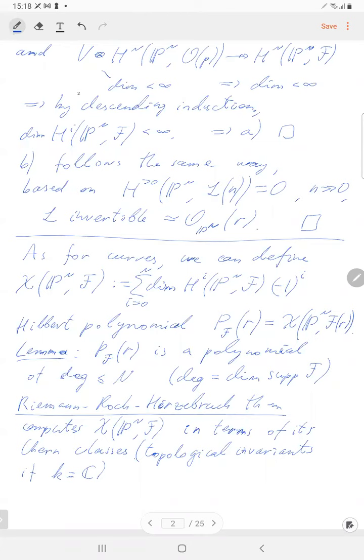Okay, so now let's do a cheap generalization that will turn out useful. Generalization, maybe relativization.